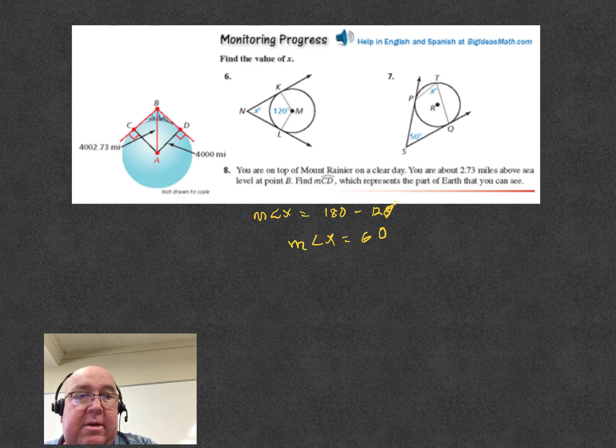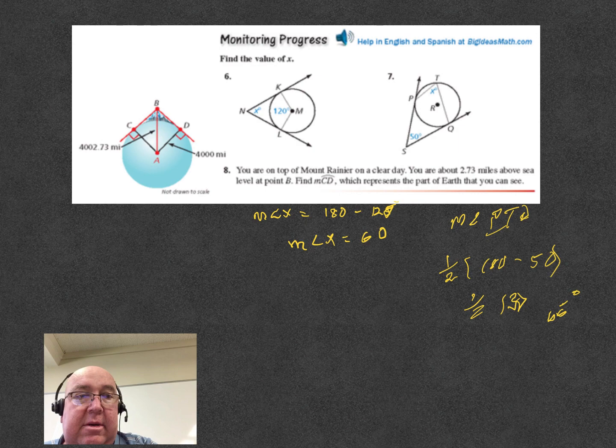In number 7, we want to find the measure of angle PTQ, and it's going to be 1/2 times 180 minus 50, 1/2 of 130, and that's going to be 65 degrees.